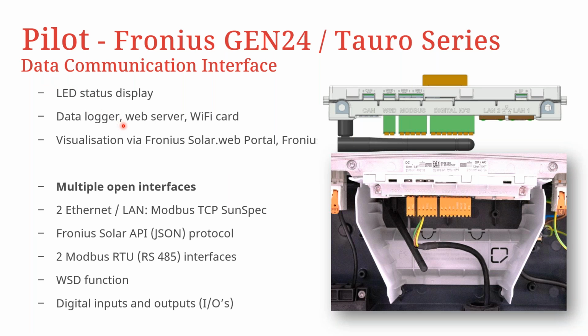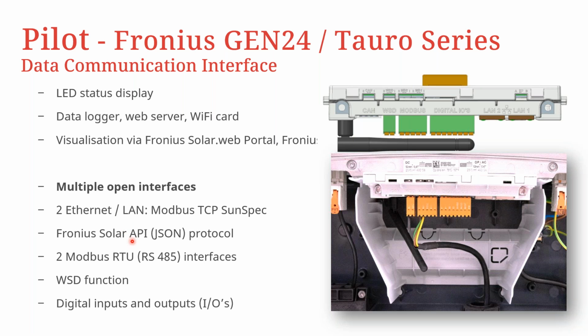This particular data communication interface comprises an LED status display. It consists of a data logger, web server, and Wi-Fi card, just like the data manager. You can achieve visualization via the Fronius SolarWeb portal, the Fronius SolarWeb app, and of course Solar TV. It also has multiple interfaces like the data manager. We have two Ethernet ports in this case, as against one on the data manager.